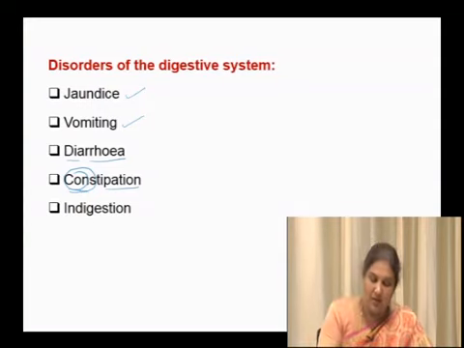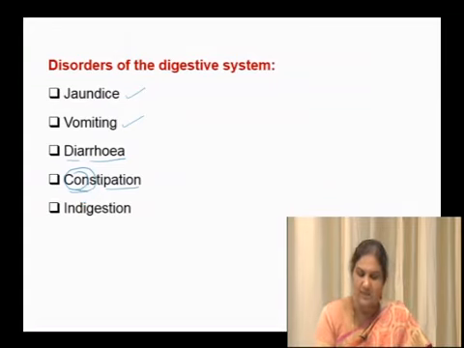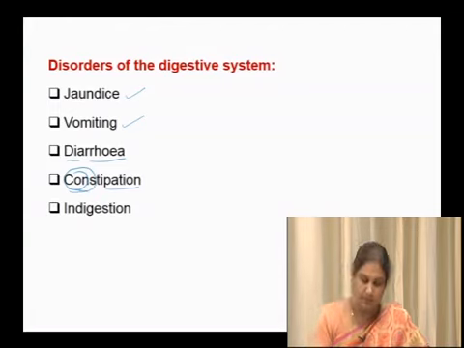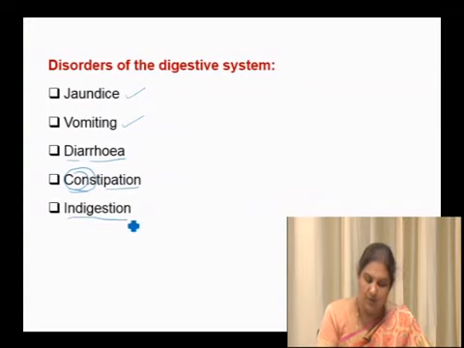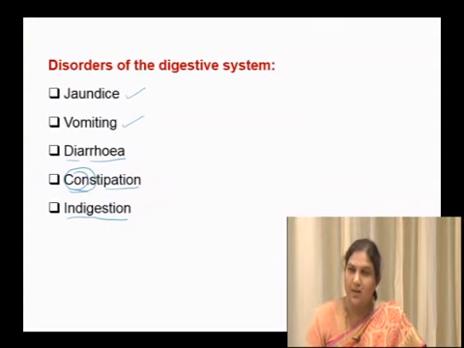In the same way, we have a prefix here, constipation. In that con, it is saying accumulation of undigested waste material without getting defecated. Indigestion, overconsumption of the food, wherein there is a feeling of fullness in the stomach, this is said to be indigestion.